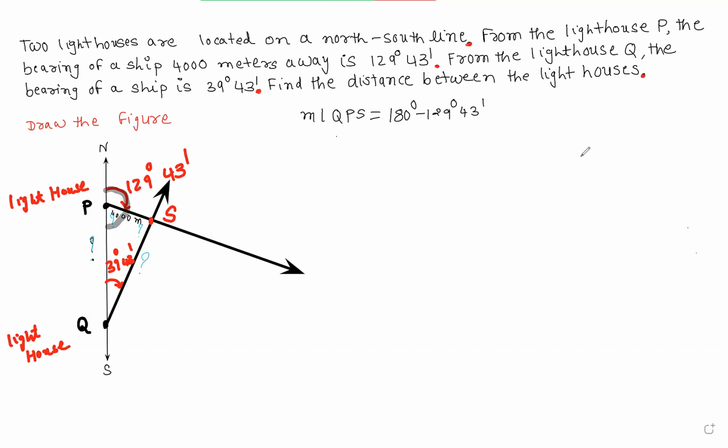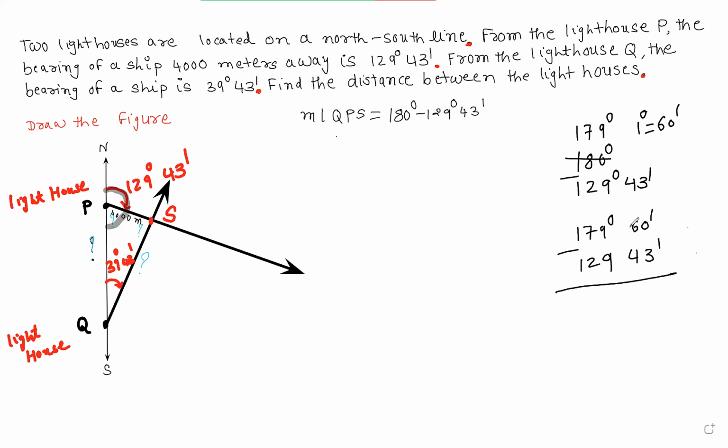Now let's subtract this. 180 degrees, take away 129 degrees 43 minutes. Going to borrow from here, we get 179 degrees and 1 degree here equals 60 minutes. So we get 179 degrees 60 minutes minus 129 degrees 43 minutes.